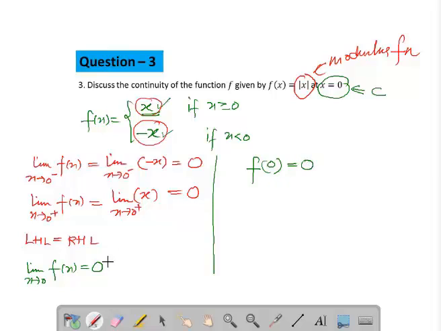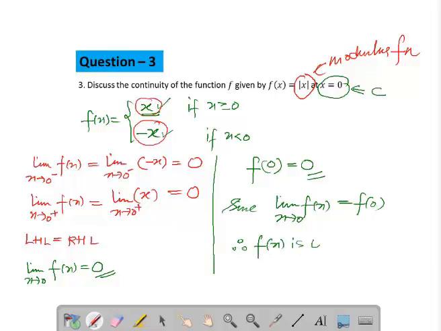So that means the limit as x tends to 0 is 0, and the value of the function at 0 is also equal to 0. Since the limit of the function when x is approaching towards 0 is also equal to f of 0, therefore we say that f of x is continuous at x equals 0.